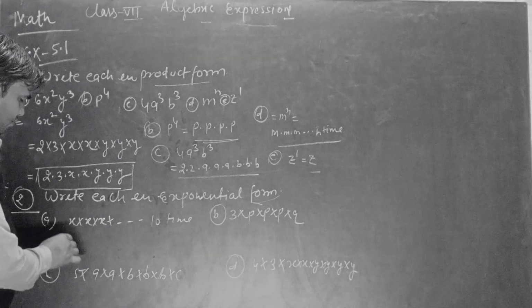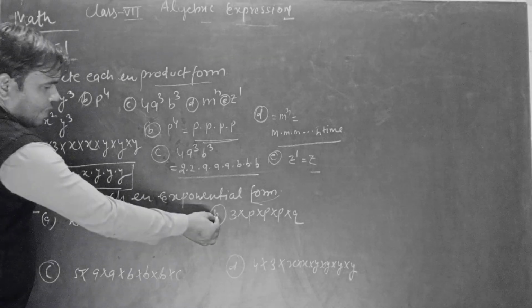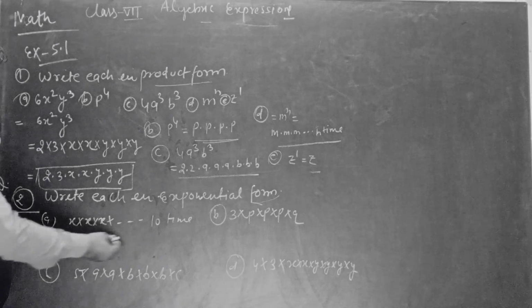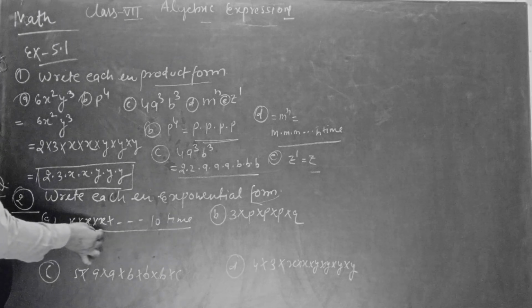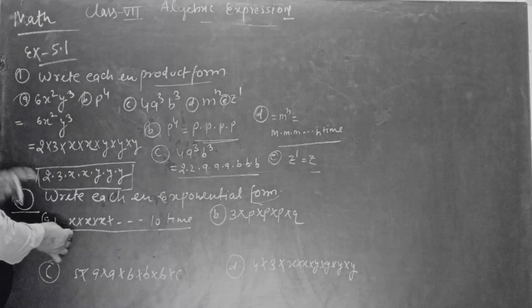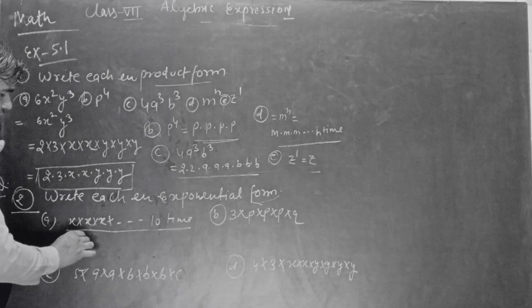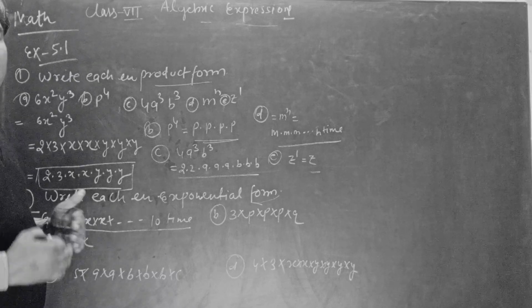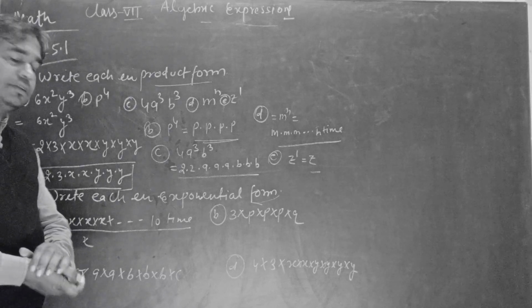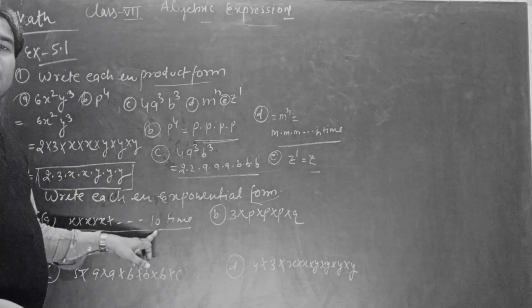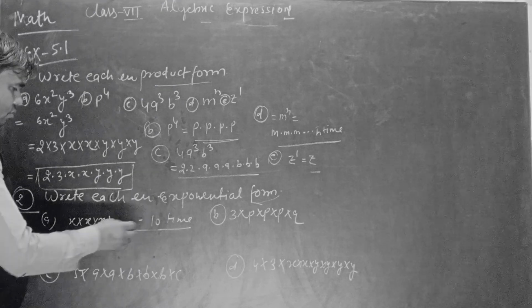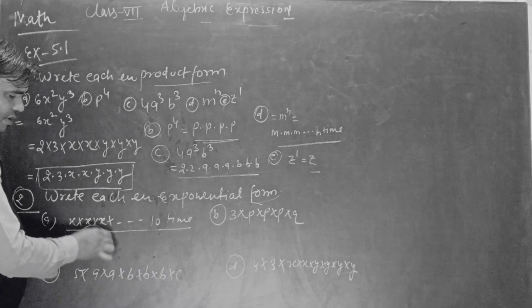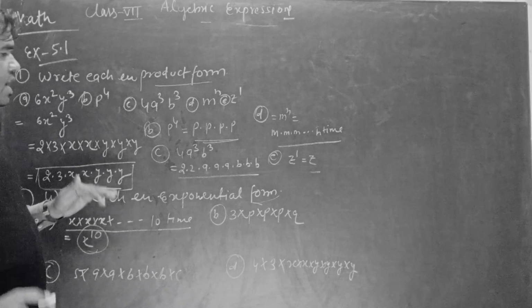You see the A part, B part, C part and D part are given. This is in the form of product form. We take the variable x, and how many times the variable is coming? Here you see it comes 10 times. So the number of times you can put as the power on the variable. So this is the form of exponential.